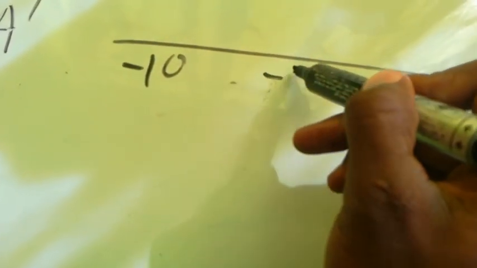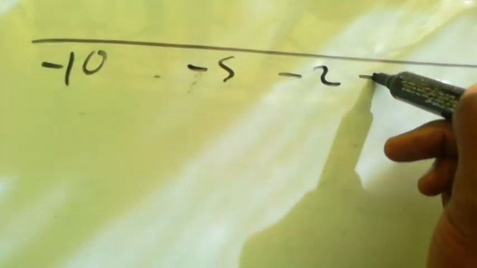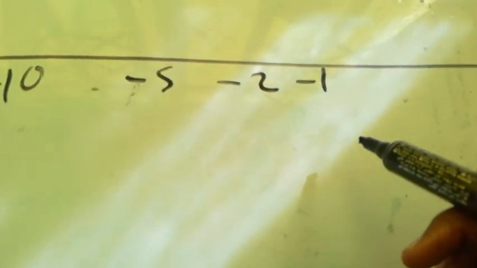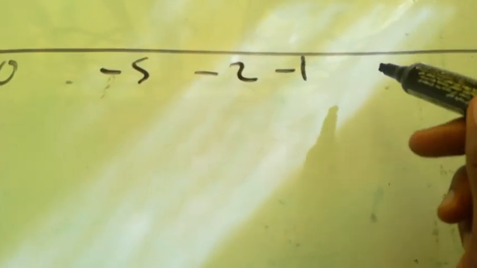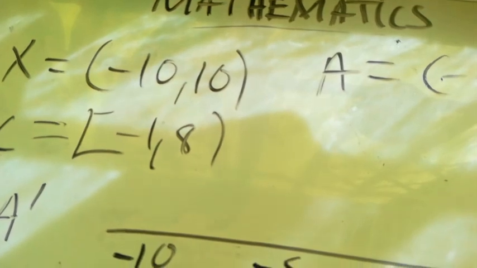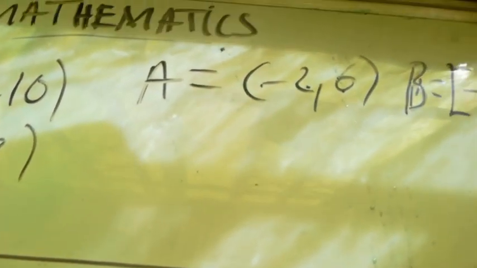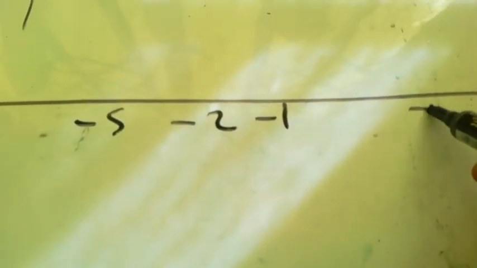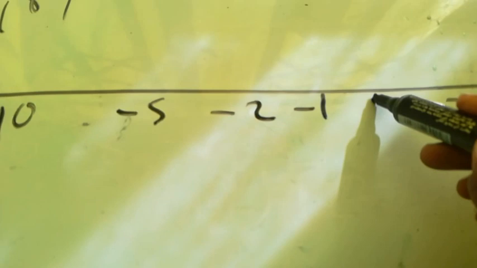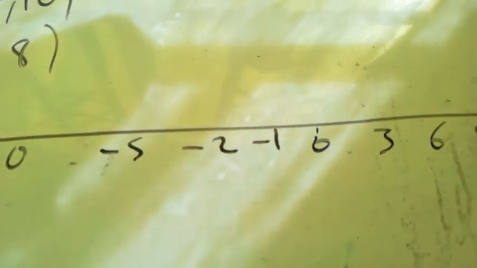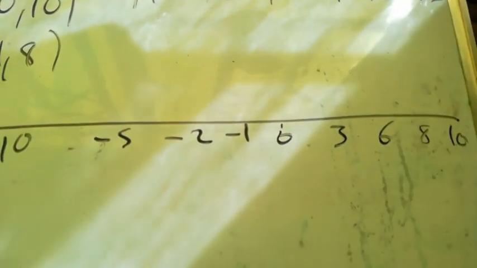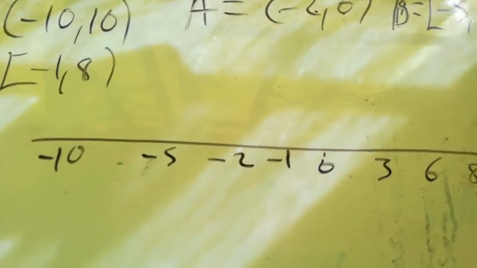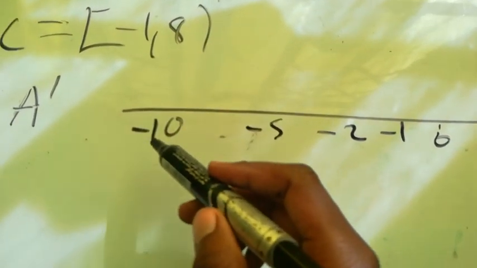So we have -5, -2, and -1 somewhere there. Then the positive values, we have 10, which is already there, and 6, 3, and 8. So we have 8 somewhere here, 6 and 3 somewhere here. We can have a 0 somewhere here. There's no harm in that. So this will be our universal set, our set X, right?